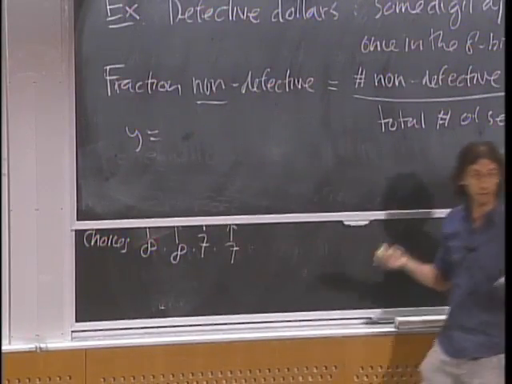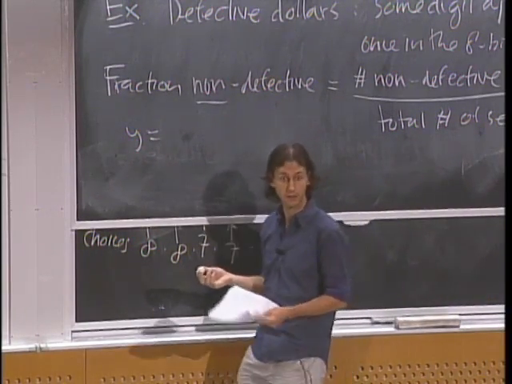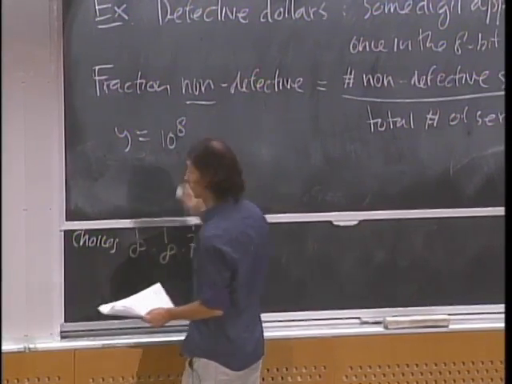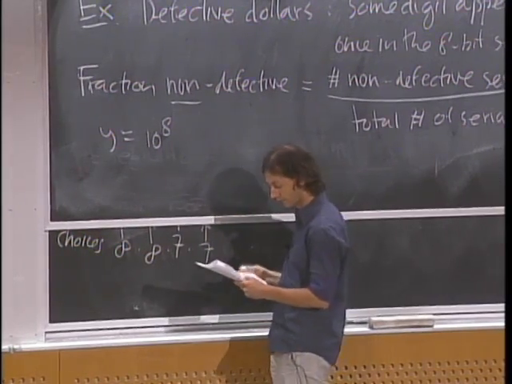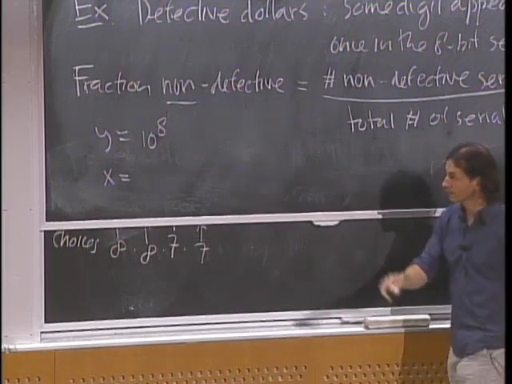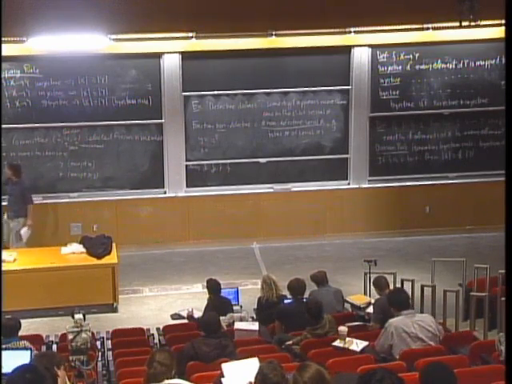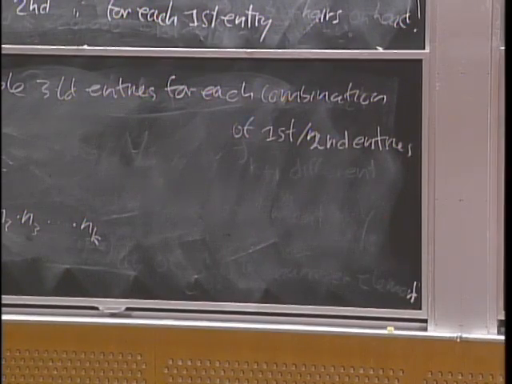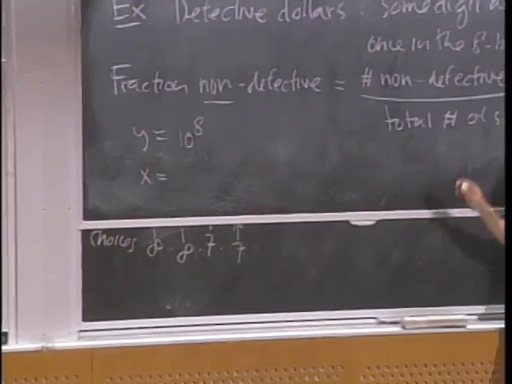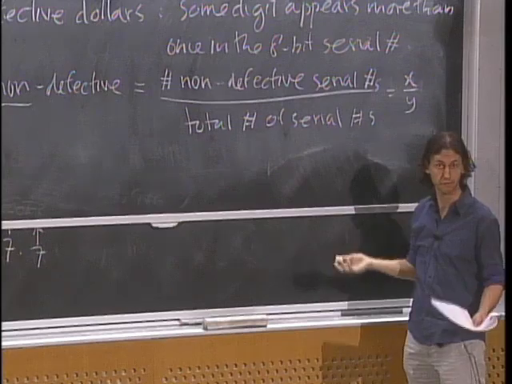Well, that's easy. I have 8 digits in my serial number, so I have 10 choices for the first digit, 10 choices for the second one, and so on. In total, I have 10 times 10 times 10, 10 to the power 8 choices. What about x? I'm using, again, our generalized product rule. If I'm going to have a non-defective dollar bill, then all the digits in the 8-digit serial number have to be different.